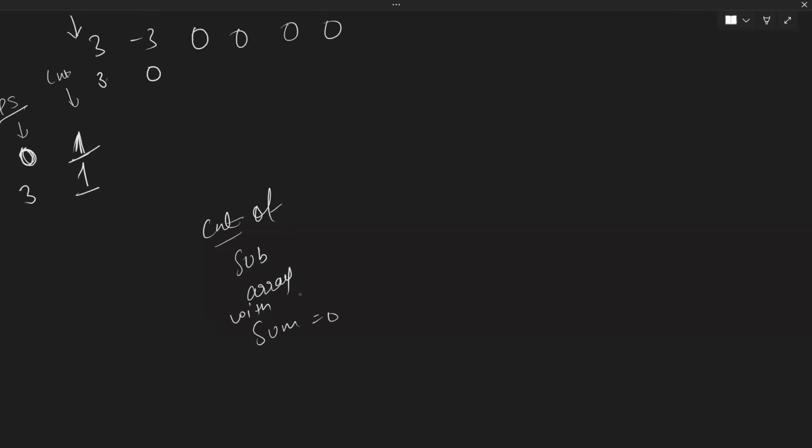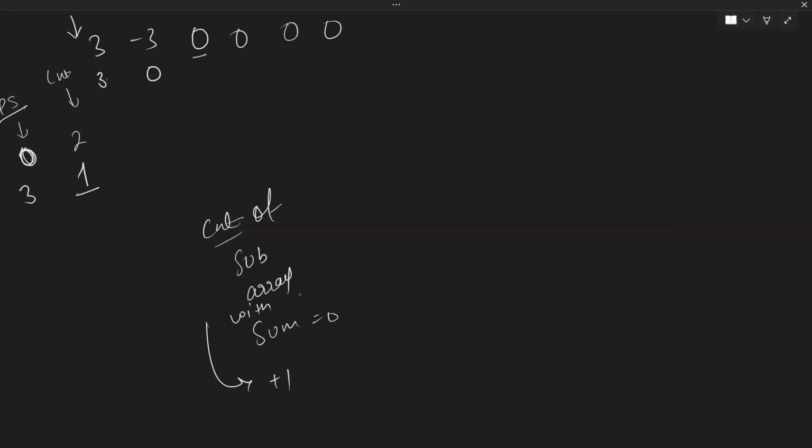Then prefix sum is 3, there is one such point. Then I get to minus 3, prefix sum becomes 0 and I'll say, okay, previously I had a place which had prefix sum as 0, this place. So if I start from here and end here, I will get total sum 0. So I'll add 1 to count and instead of 1, I'll now make this 2. I have 2 points where prefix sum is 0.